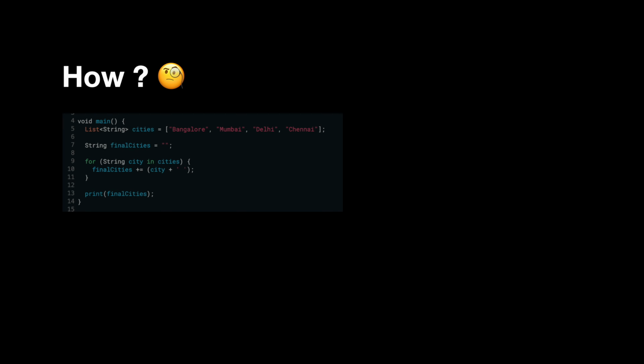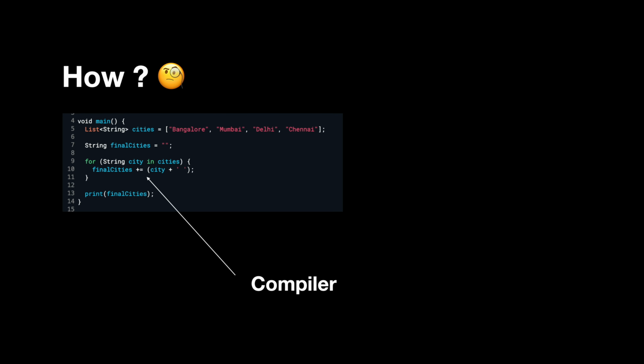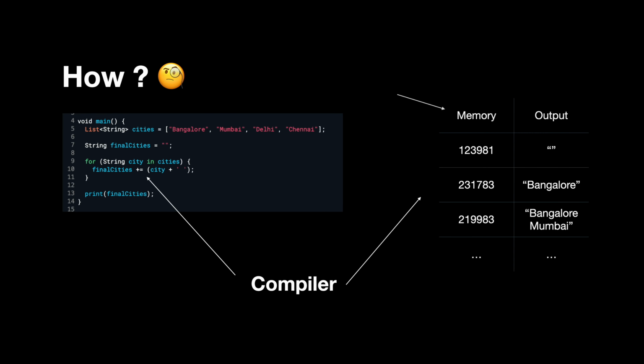Well, the answer to this magic is that every time we concatenate a new string, the Dart compiler allocates new memory for the resultant string, and the garbage collector is called to deallocate the previous memory location. So literally, the garbage collector is called for every item you concatenate, and for each of those iterations, a new memory location is assigned.